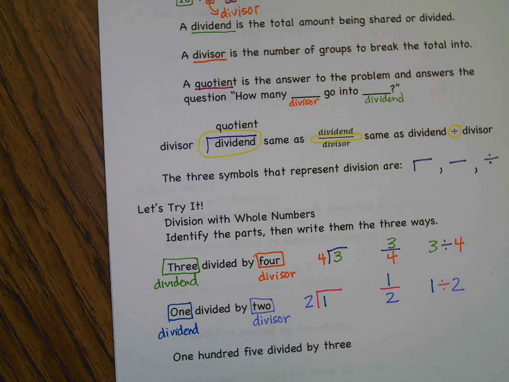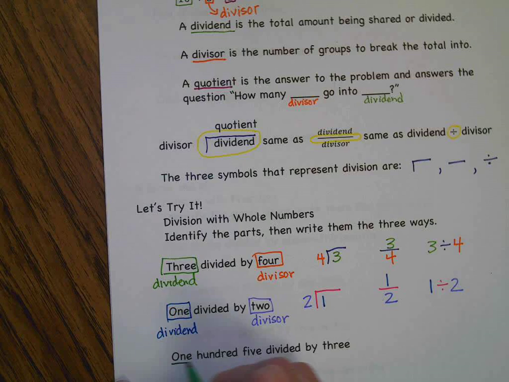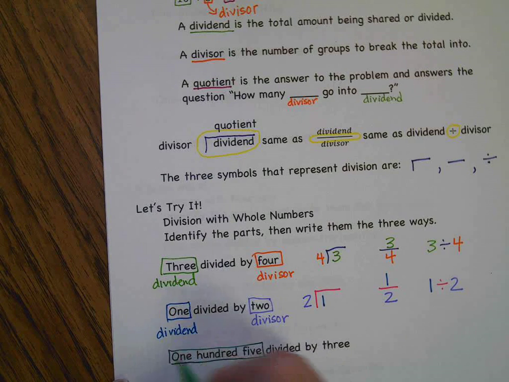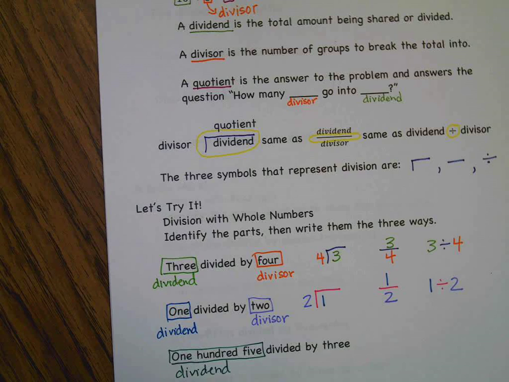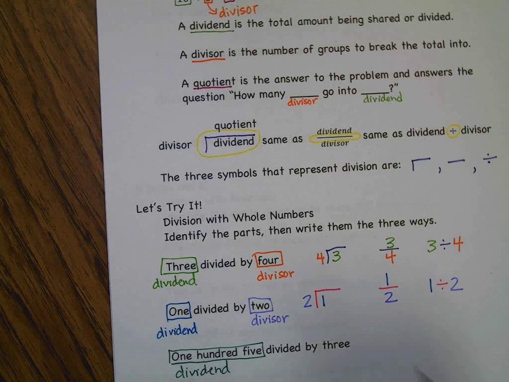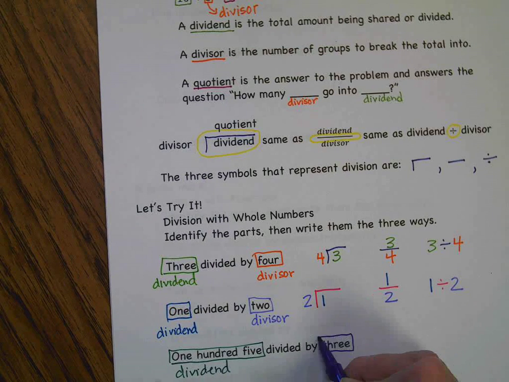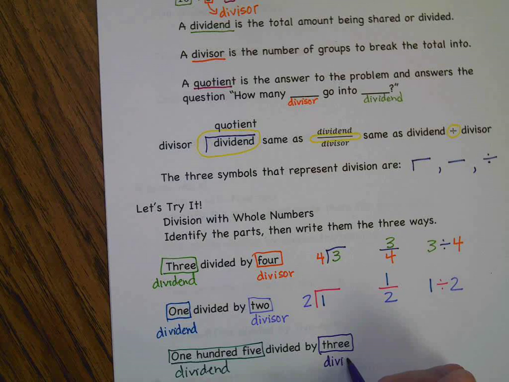Okay, so now we're working on another one. So let me get 3 more colors. Let's see, I'm going to run out of colors very quickly. Here we go. So we have 105 divided by 3. Okay, 105 is the dividend, divided by 3 is the divisor.